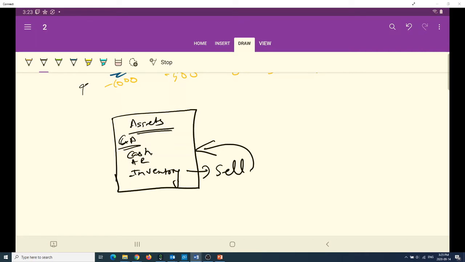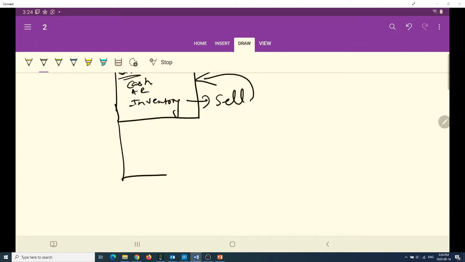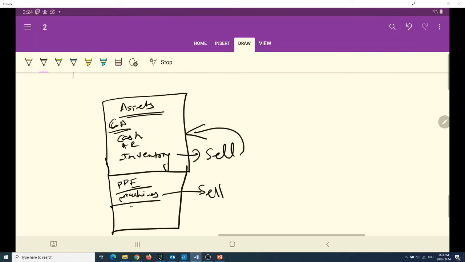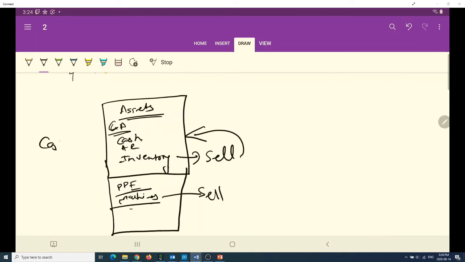Okay, it sells the machinery and leases it back. Machinery roughly falls under the property, plant, and equipment. You have some machines. You sell the machine now, so your cash balance will increase right away.